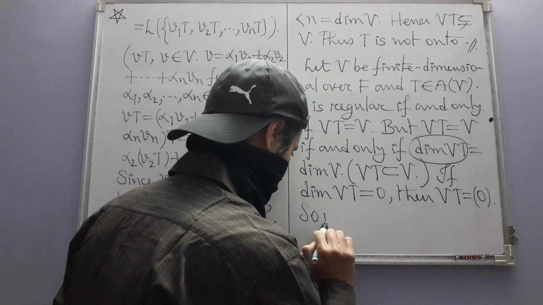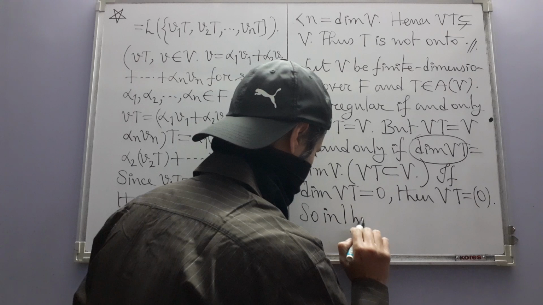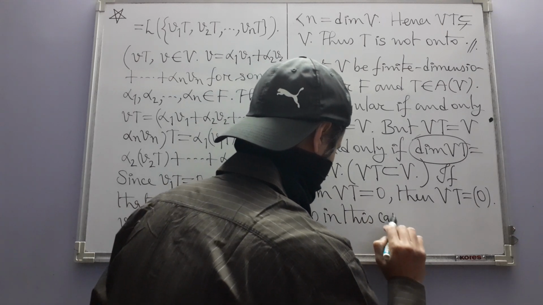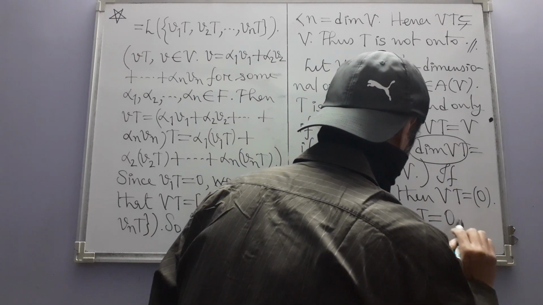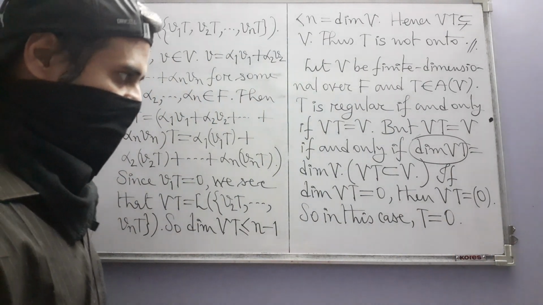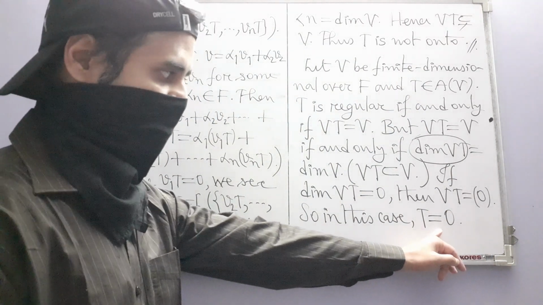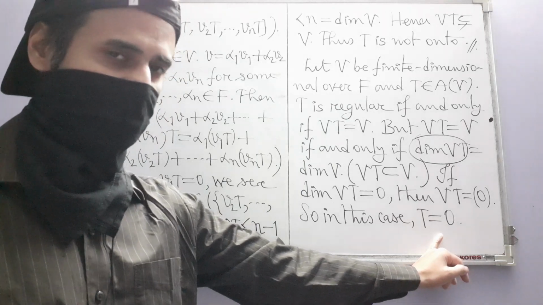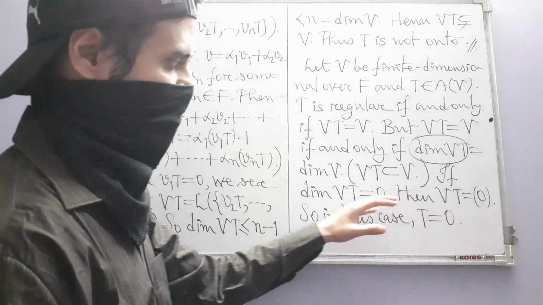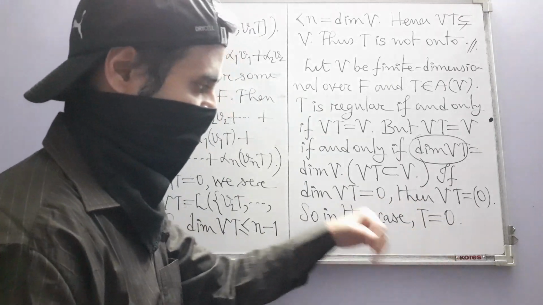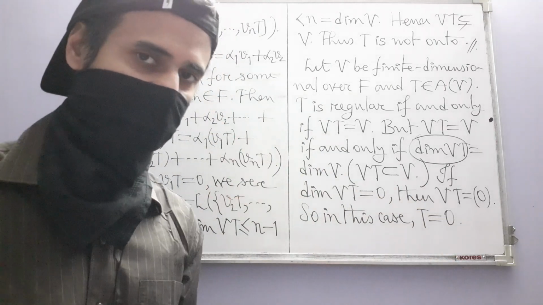So in this case, T is equal to 0. And this is extreme singularity in some sense. Okay, it's not anything precise or mathematical, but in some sense T is as singular as it can possibly be.